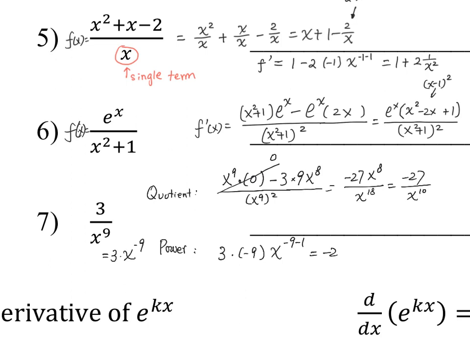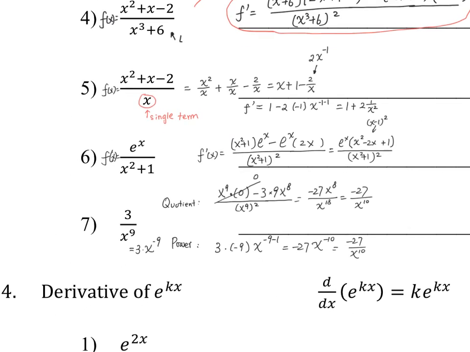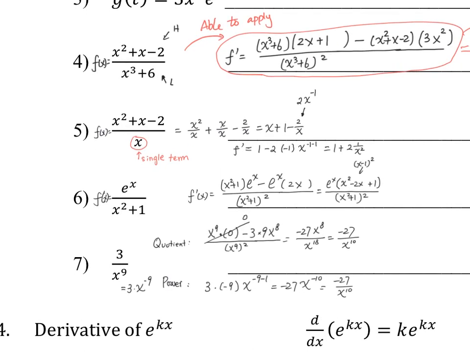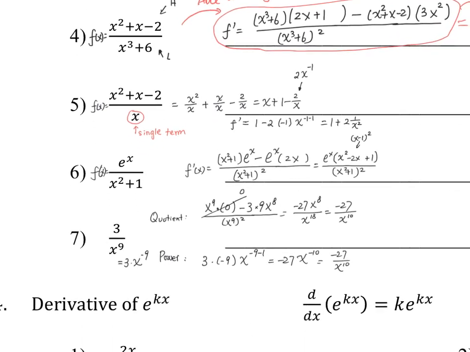So you have negative 27x to the negative 10. Of course, x to the negative 10 just means x to the 10 on the bottom. So this is it for showing you how to apply quotient rule in these several problems. Those are the only two rules that we learn in this section.